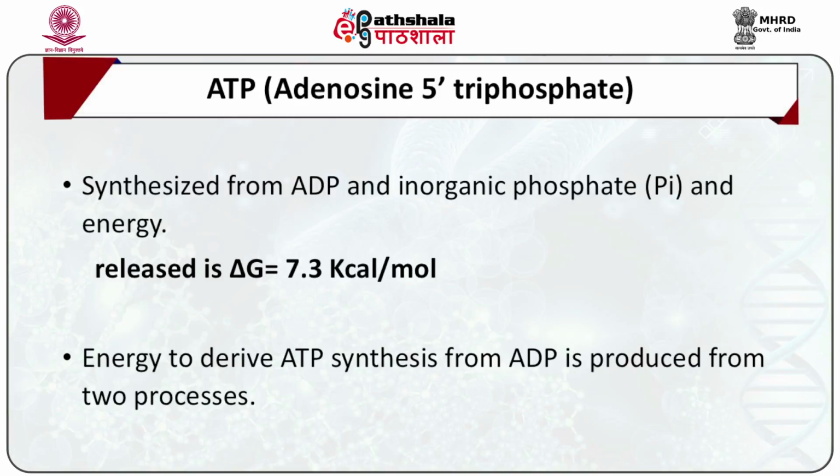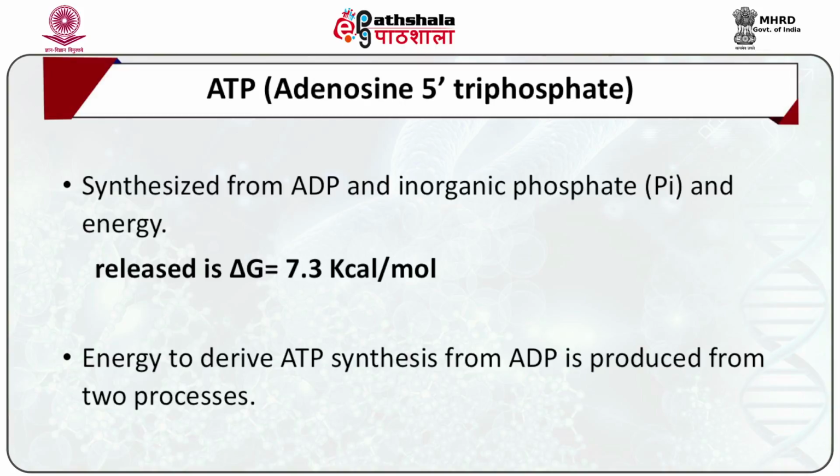ATP is synthesized from ADP and inorganic phosphate, and the energy required is delta G equal to 7.3 kilocalorie per mole. The hydrolysis of terminal phosphoanhydride bonds present in ATP results in release of a large amount of free energy. These phosphate bonds are known as high energy bonds.